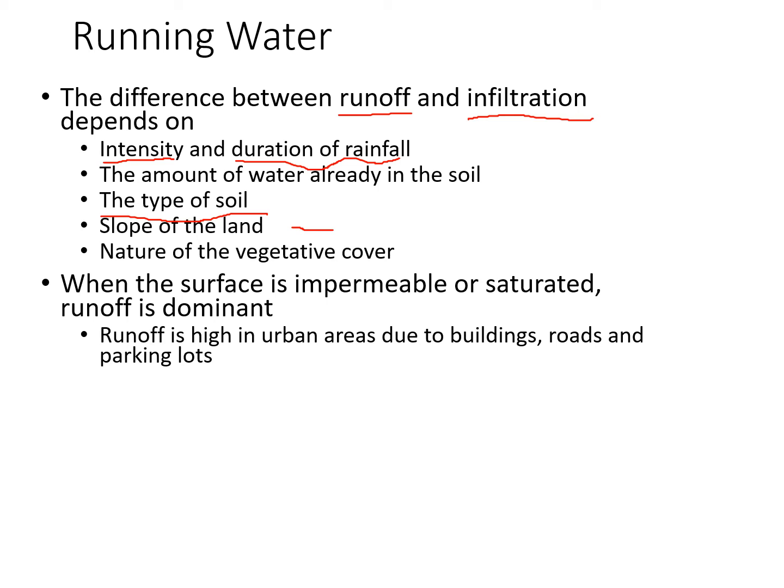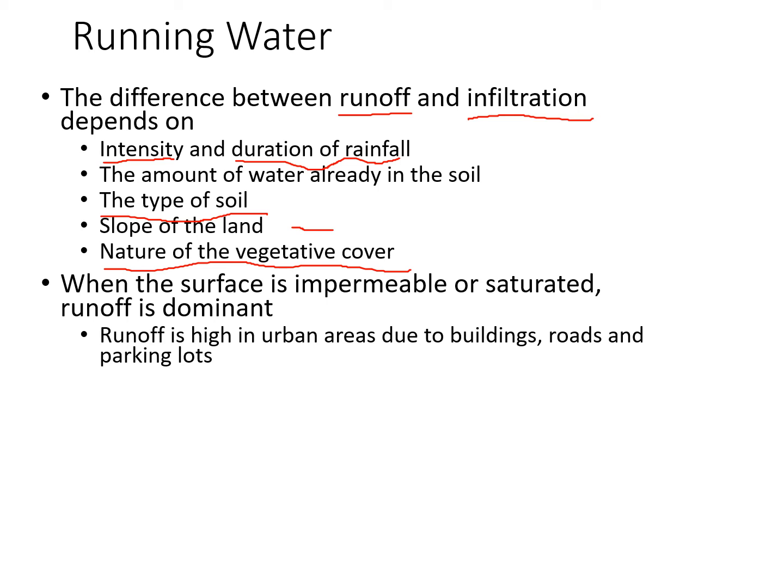And then the nature of vegetation cover. If you actually have a lot of plants, trees, and brush and stuff like that, the roots will help water infiltrate into the ground, and it'll help hold a lot of water.